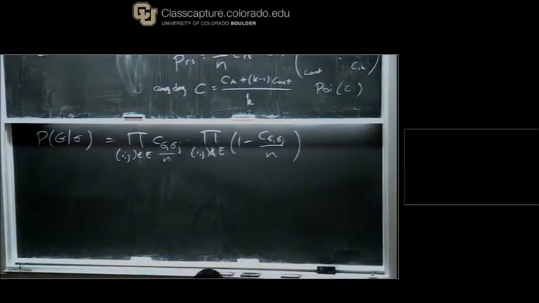In other words, the forward process of going from a set of labels, a spin configuration on the vertices, to generating the random graph, is easy to write down. This is the probability distribution on graphs given the labels.